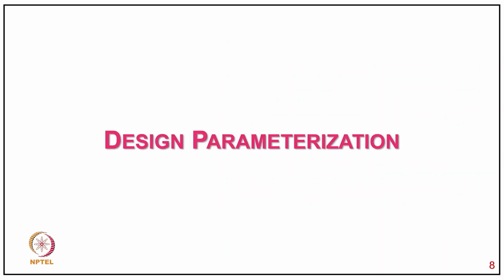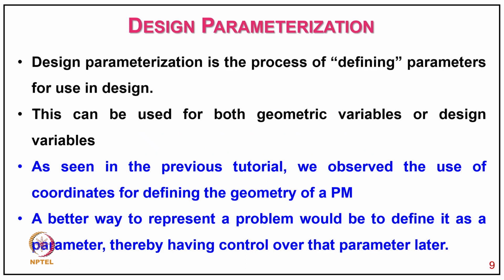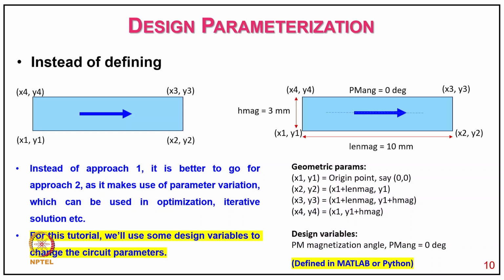Well, coming to design parameterization. Design parameterization is the process of defining parameters for use in design, and this can be used for both geometric variables and design variables. As seen in the previous tutorial, we used coordinates to define the geometry of a permanent magnet. A better way to represent the problem would be to define it with parameters, thereby having control over those parameters later.